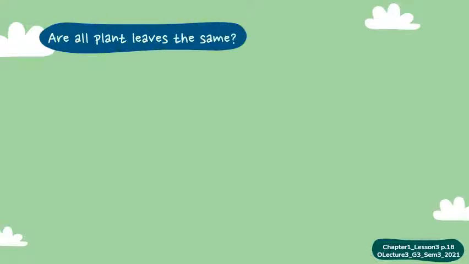But are all plant leaves the same? Do all plants have the same shape, size of leaves? Most of the leaves are green, and there are actually two types of leaves. Plants may have broad leaves or needle-like leaves.